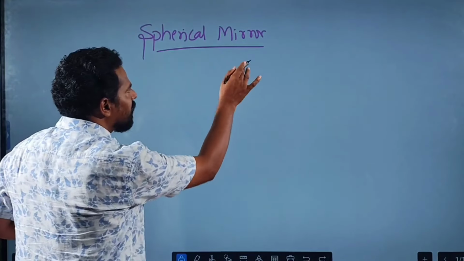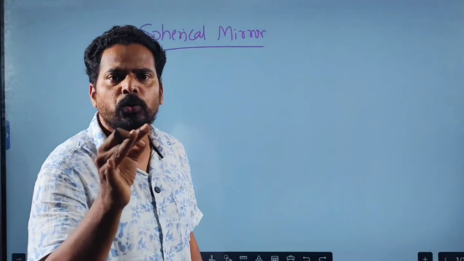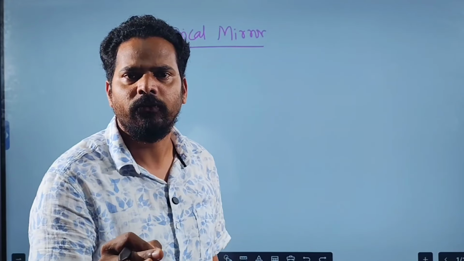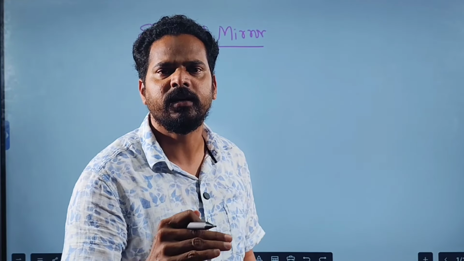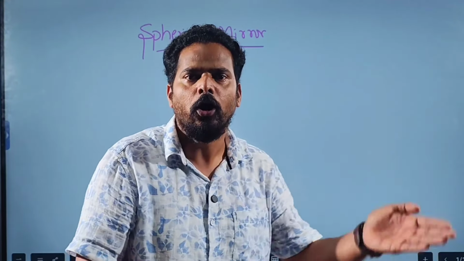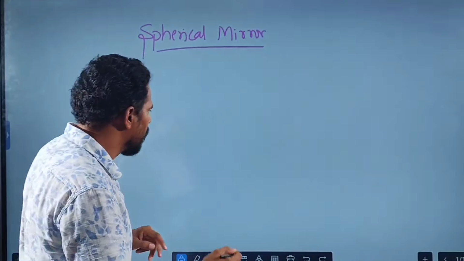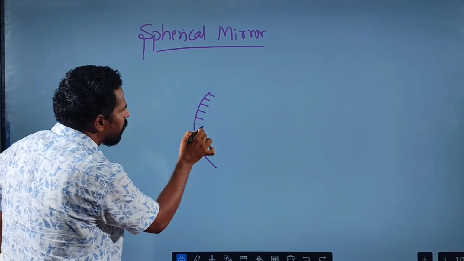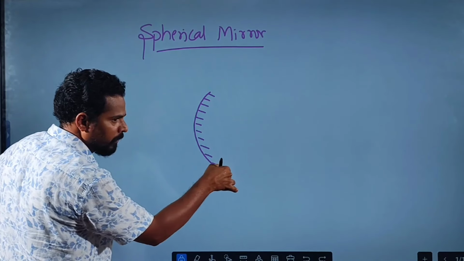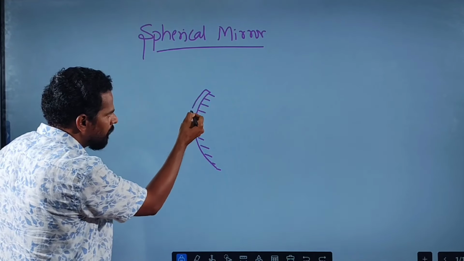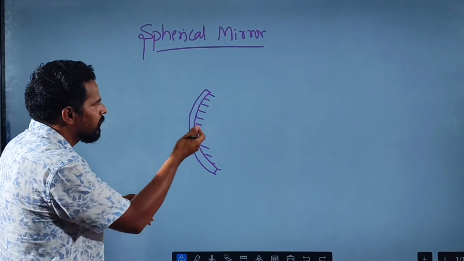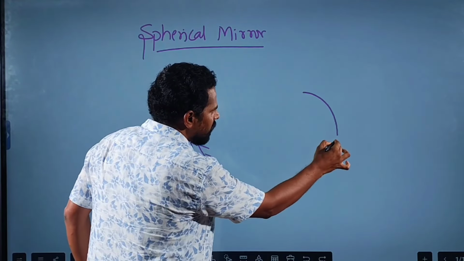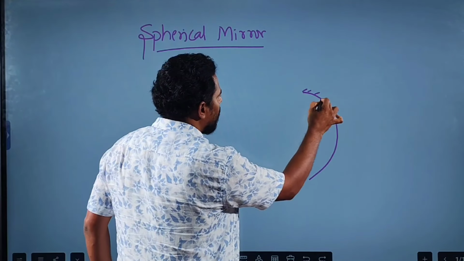In a spherical mirror, the mirror whose reflecting surface is either curved inwards or outwards. Look, it must be curved like this. If it curves outward like this, this is the back of the mirror and this is the front. Similarly, if it is curved inwards, this is the back of the mirror.